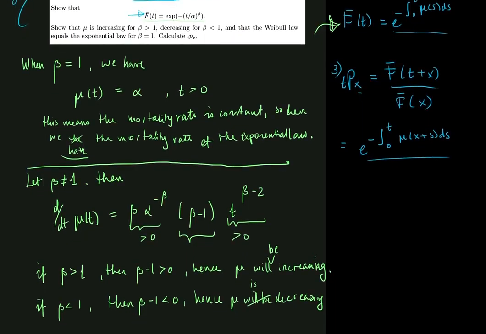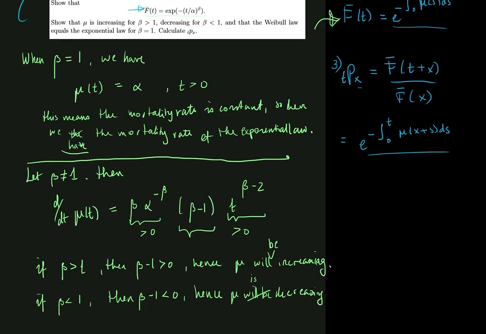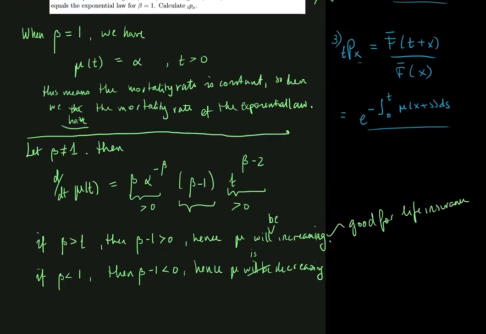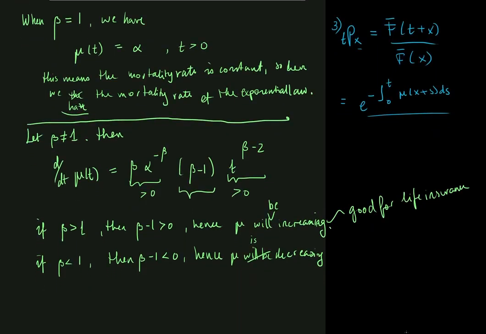We've shown that if beta is greater than 1, then the mortality rate is increasing, which is good to model life insurance, where age means worse chances of survival, kind of.